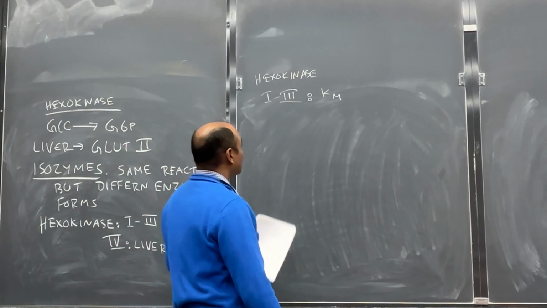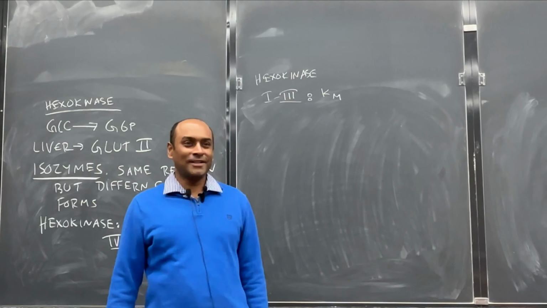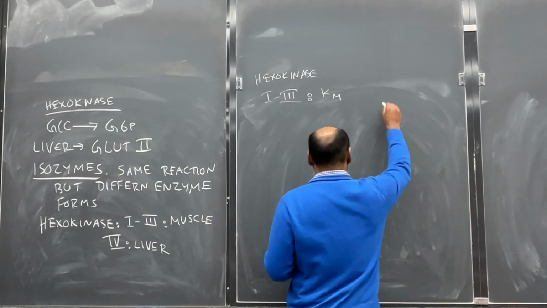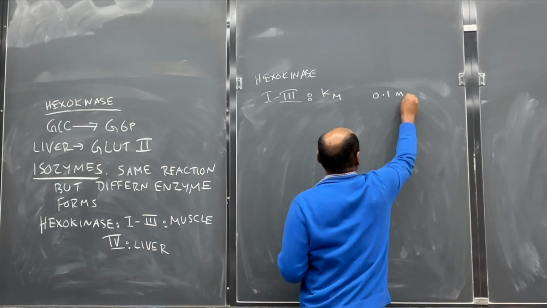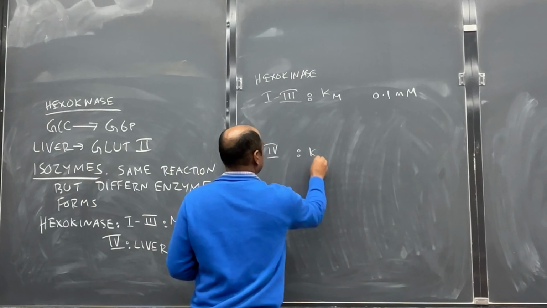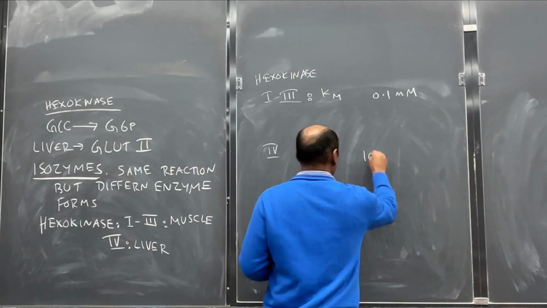The Km for hexokinase 1 through 3 for glucose is very low, and that's about 0.1 millimolar. At hexokinase-IV, Km really high, 10 millimolar.